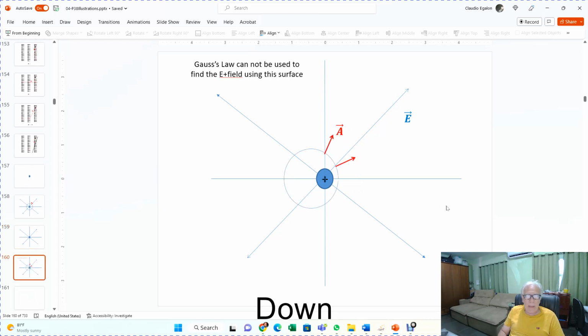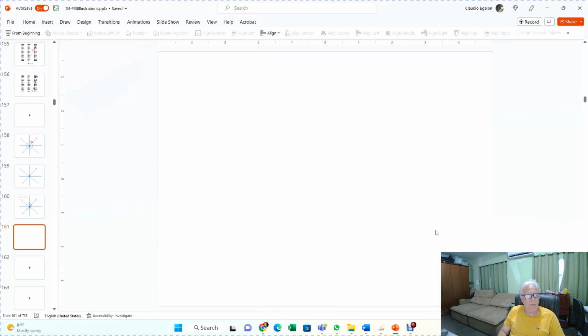Okay, if the surface is not centered at the charge, then the problem becomes more difficult to solve, because the angle between the area vector and the electric field is going to vary throughout this spherical surface. In the first case it's easier to get the electric flux. In this case here it's more difficult to find that out. So keep that in mind for Gauss's law.